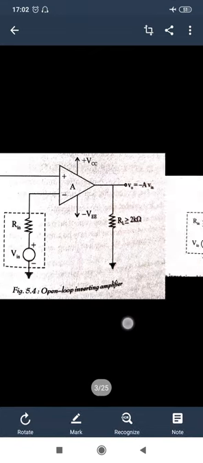When we provide the input at the inverting terminal, the output is generated as minus A into the input voltage. Here minus indicates that the output is phase reversed, 180 degrees with respect to the input. Third, in the open loop non-inverting configuration, we apply the input at the non-inverting terminal, so the inverting terminal is grounded.